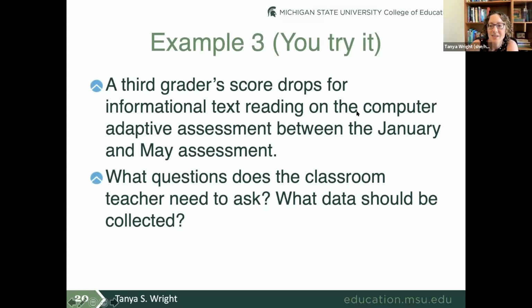Okay, so I'm seeing some really interesting ideas in the chat here. So some folks have said students' familiarity: was the student familiar with the topics of the passages that they read on this assessment?